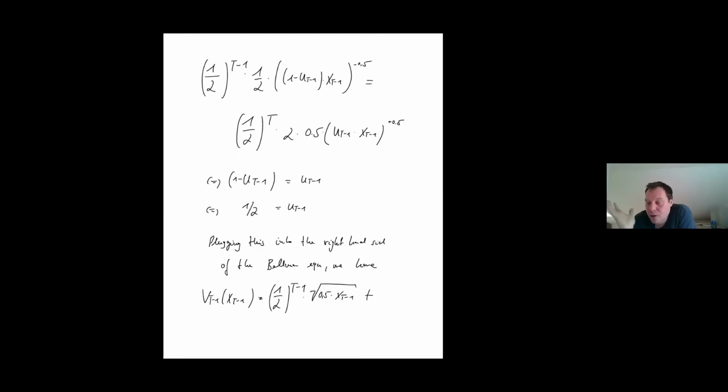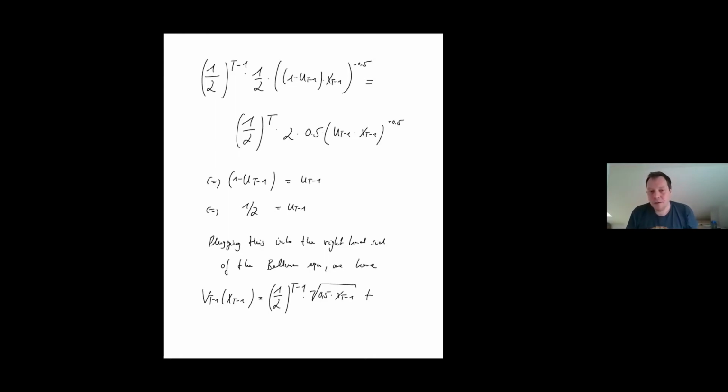For me in capital T minus 1, this is not an unknown. I know the state that I'm in. I know where I am today. And this equation tells me, given that today I'm in x capital T minus 1, the best thing to do is to pick the u capital T minus 1 that just fulfills this equation.